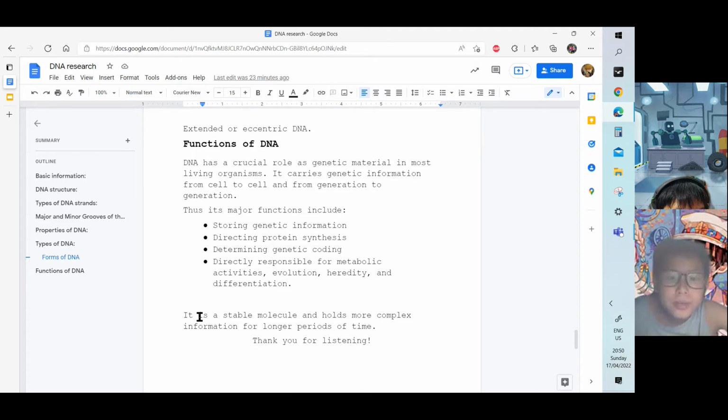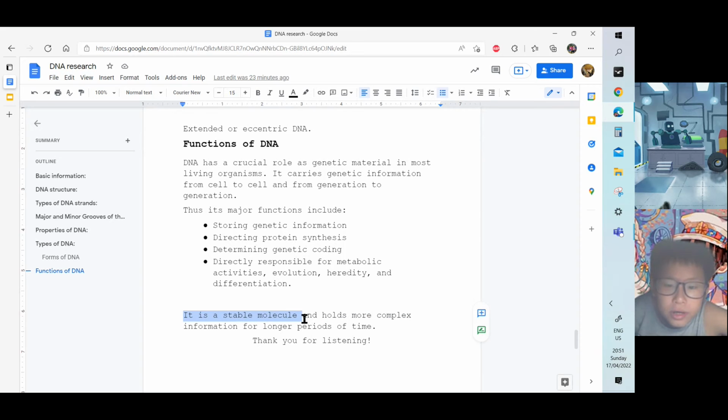Thus, its major functions include storing genetic information, directing protein synthesis, determining genetic coding, being directly responsible for metabolic activities, evolution, heredity, and differentiation. It is a stable molecule and holds more complex information for longer periods of time.